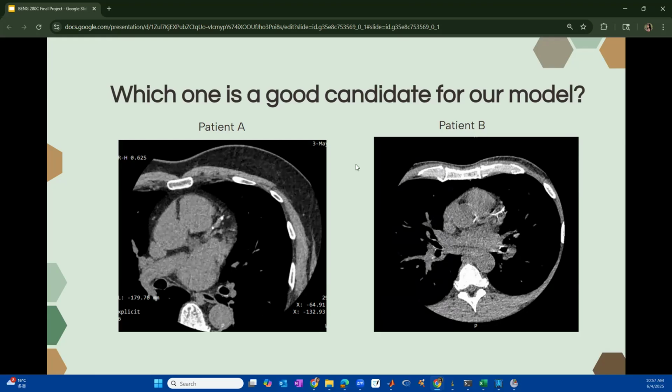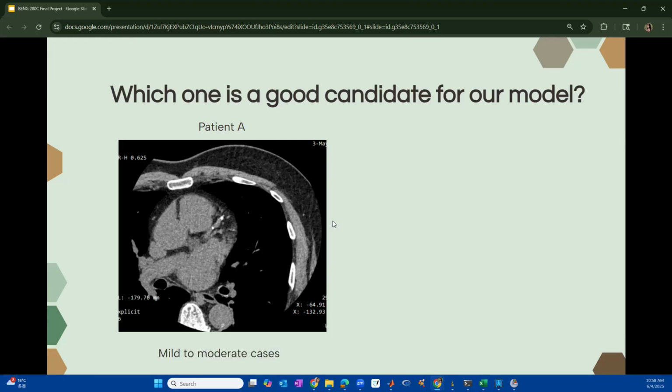On the other hand, in patient B on the right, the calcium is heavily clustered in fields along the vessel walls, so it's much harder to separate any individual lesions, making it less useful for teaching the model about lesion shape. So we chose patient A as the better candidate.